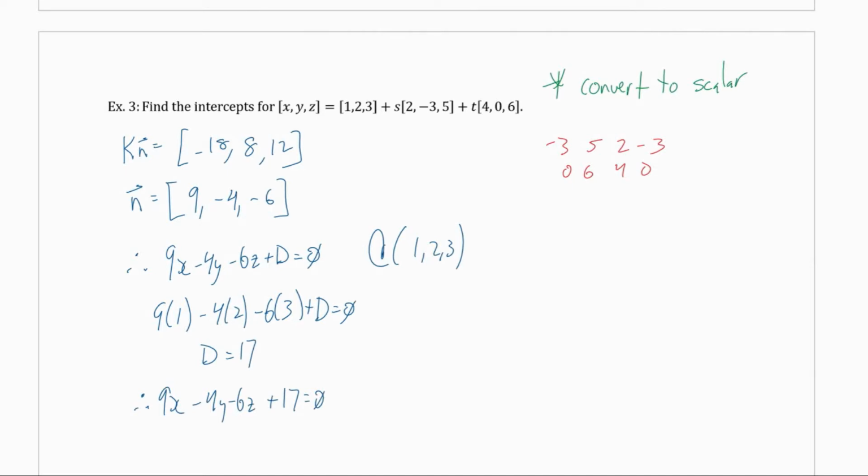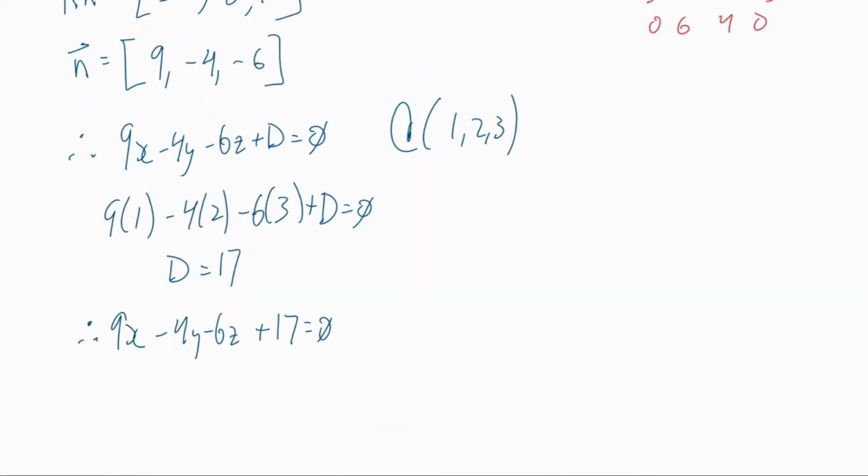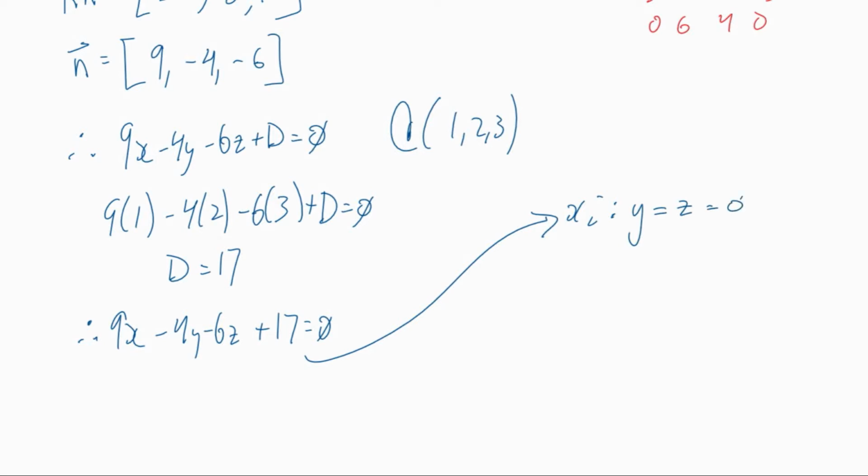All of that was so I could come up with the intercepts, and the x-intercept will occur when the y and z coordinates are 0. So if I put 0 in for y and z, I'm going to show this for the first step, but generally you probably wouldn't. So x-intercept, set y and z equal to 0.